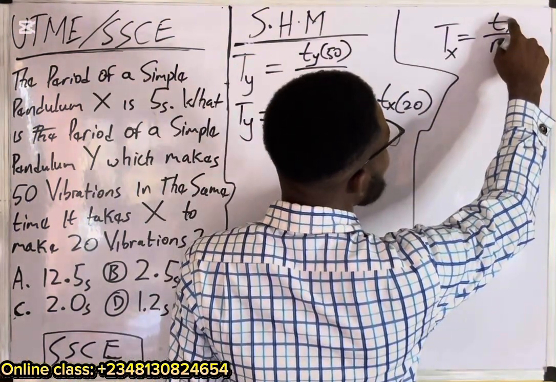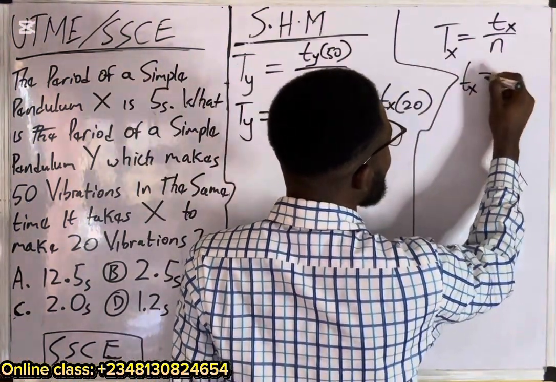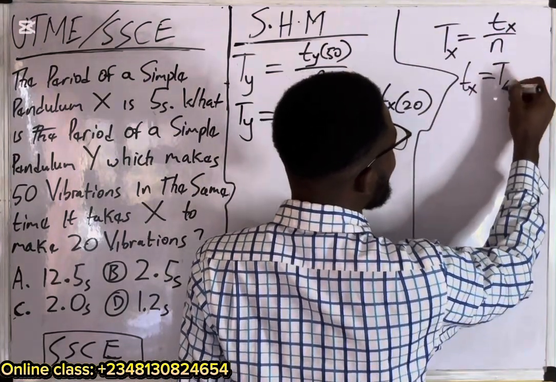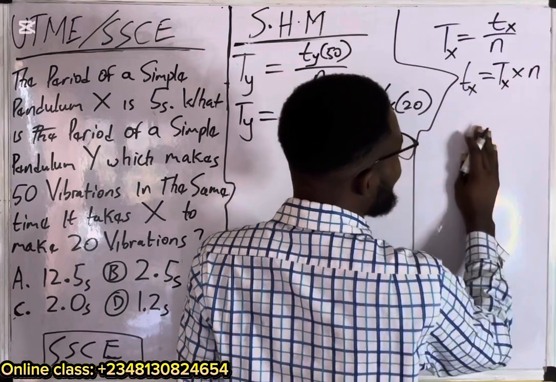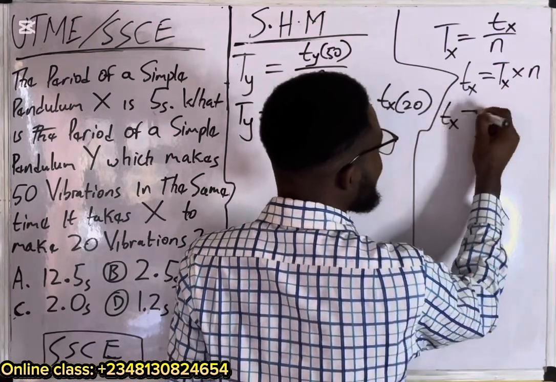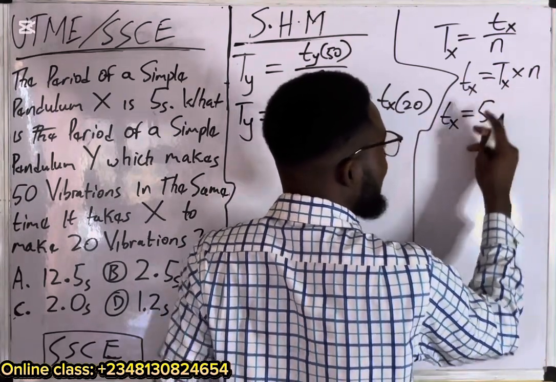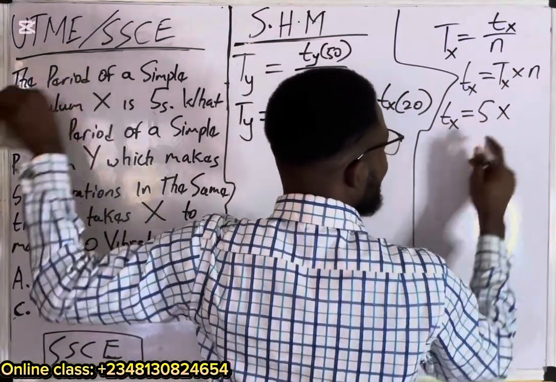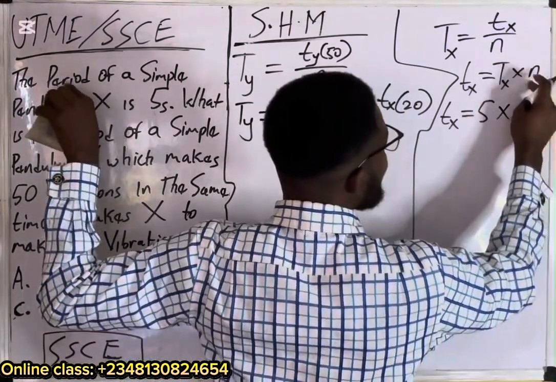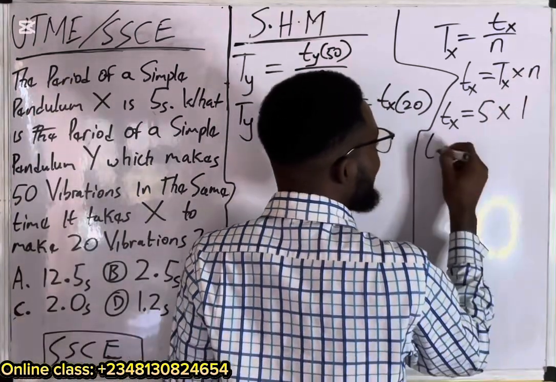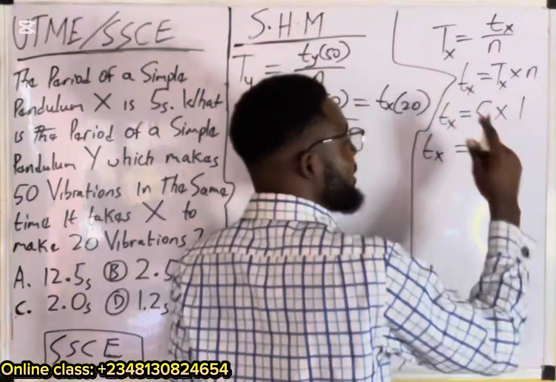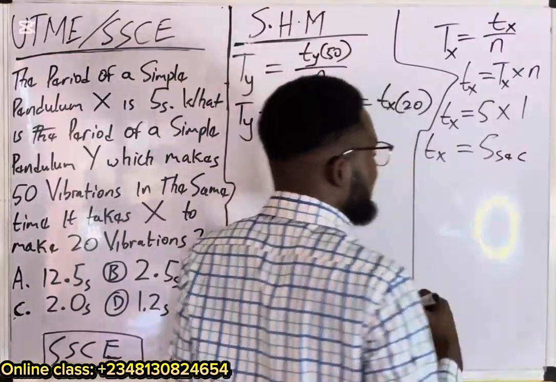So if we cross multiply, time taken is equal to the period of X times the number of oscillations. The period of X is 5 seconds from the question, times the number of oscillations, which is 1. So the time taken for one oscillation is equal to 5 seconds.